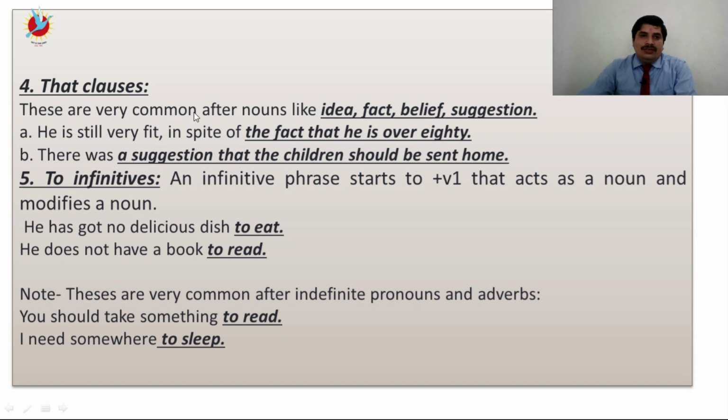These are very common after nouns like idea, fact, belief and suggestion. Like this: he is still very fit in spite of the fact that he is over 80. That he is over 80 is the post modifier of the noun the fact.